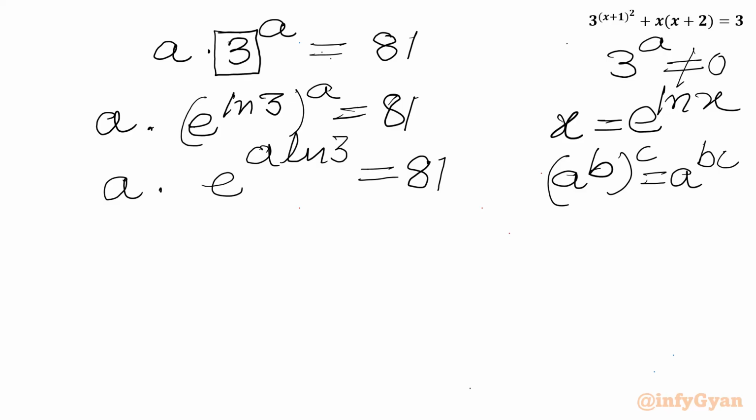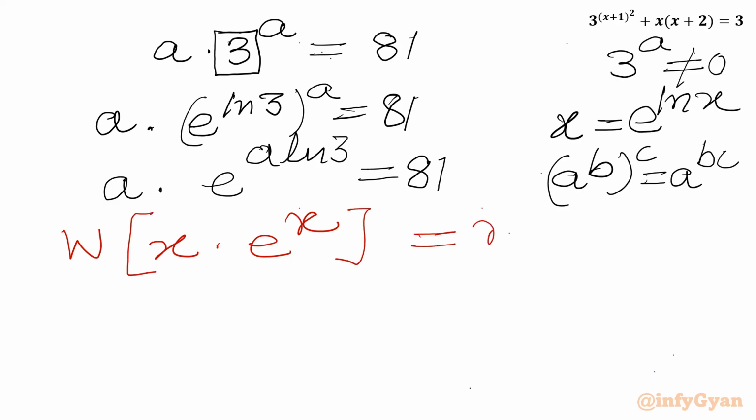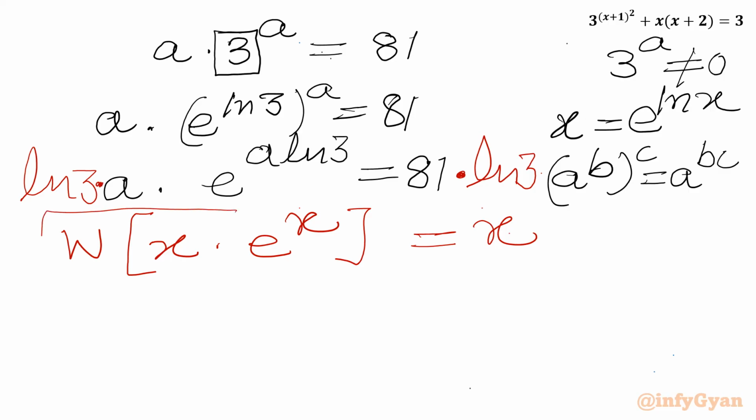Now I will write the property from Lambert W function, which says that for x times e raised to the power x, the Lambert W function will give us x. So here I will multiply by ln 3 on both sides, to match this LHS.